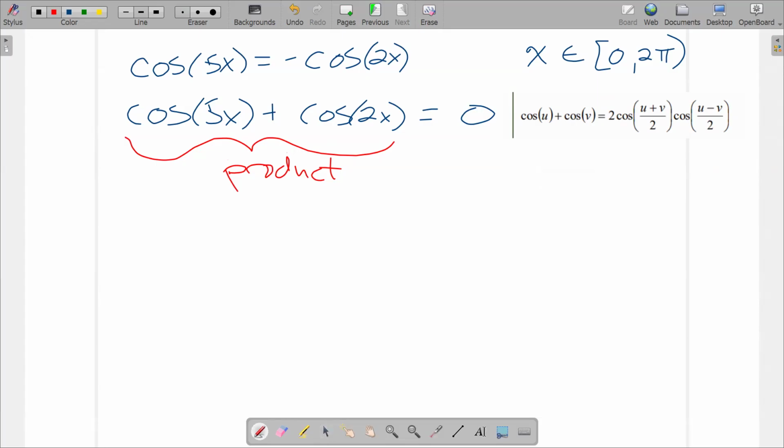So I'm going to get a 2 on the outside, and then a cosine of 2x plus 5x, so 7x over 2, times a cosine of the difference, so 5x minus 2x, or 3x over 2.